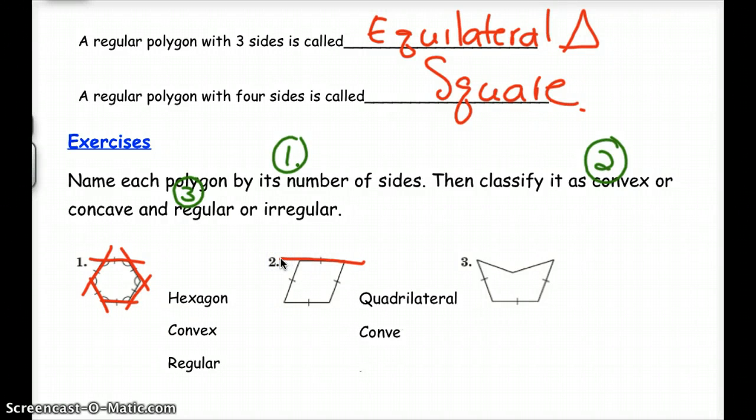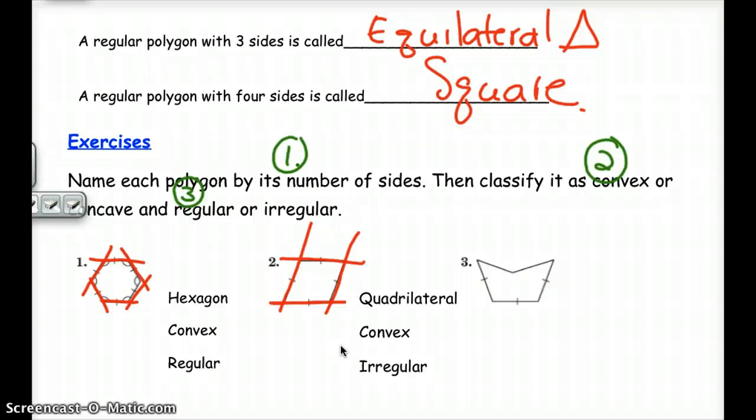Again, you can tell it's jutting out all the way around, so it's convex, but if you need to, go ahead and extend all the lines. All the lines are outside, so it's convex. And then you need to decide regular or irregular. This one is irregular because I don't have those angles marked. I don't know the angles are congruent, so it's irregular.